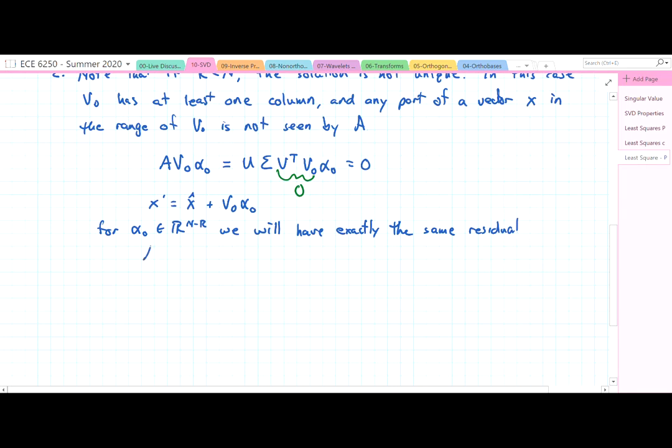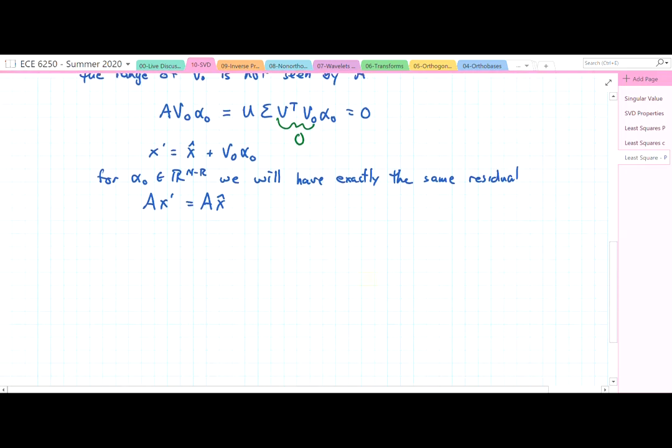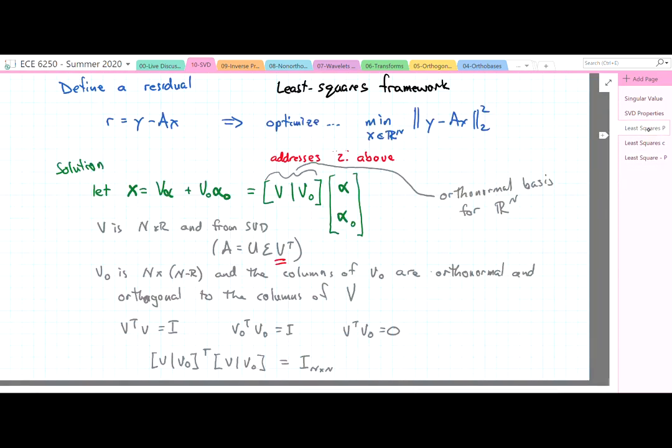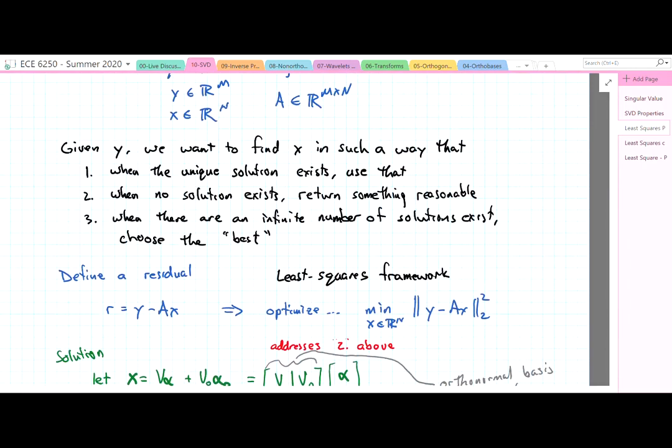And why? It's because A x prime is just going to be equal to A x hat. So, what do we do here? Remember back a few slides, we said that when the unique solution exists, use that. When no solution exists, return something reasonable.